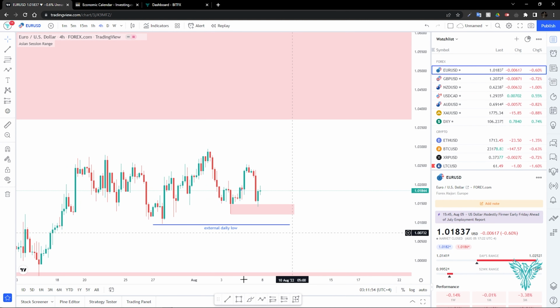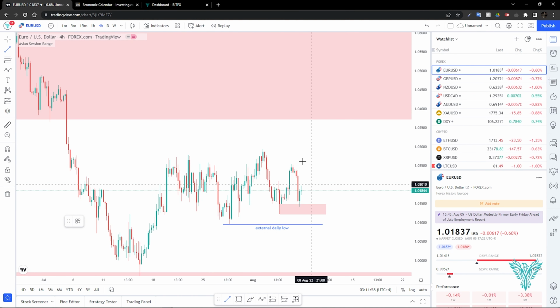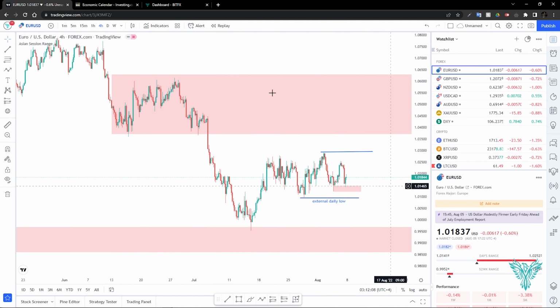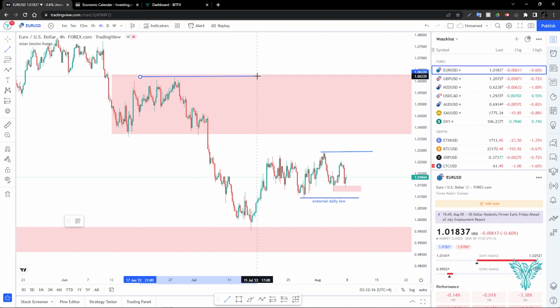So now there are two possibilities: either market breaks this external daily low and then it continues bearish, or market continues going up only, and if it breaks this, then we are internally bullish only. Alright, bullish until this area right here. So for us to go externally bullish on Euro USD, we'll have to break this high right here.